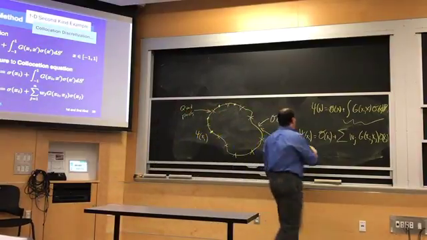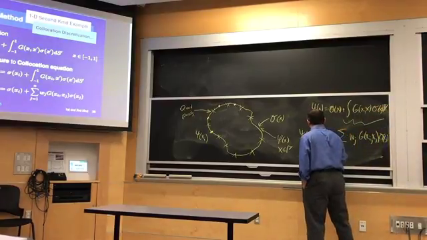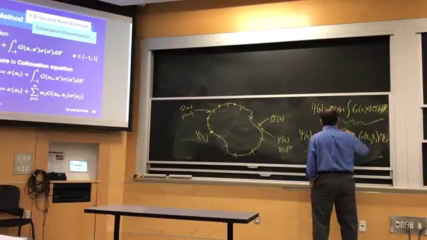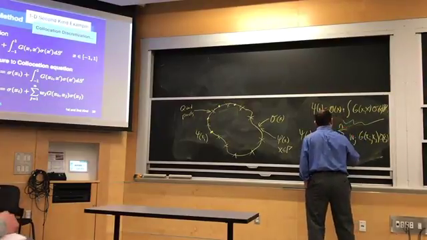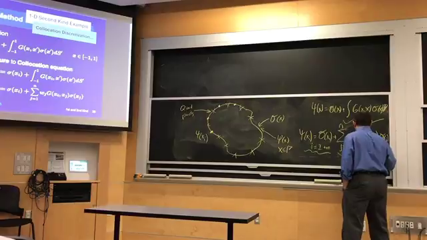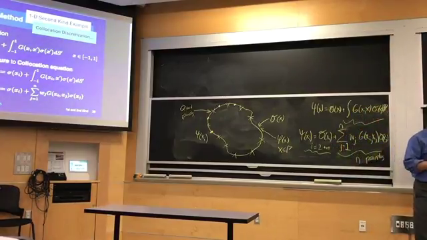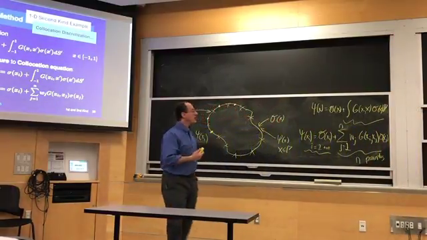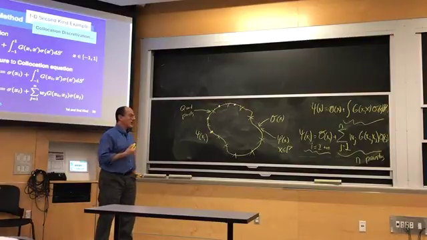So for each of my collocation equations, of which I have n, and for each of my quadrature points, j equals 1 to n, I have n equations in 2n unknowns. How can I fix this? How can I get it so that I have only one set of equations, or one set of unknowns? I have one set of equations. How do I get one set of unknowns?